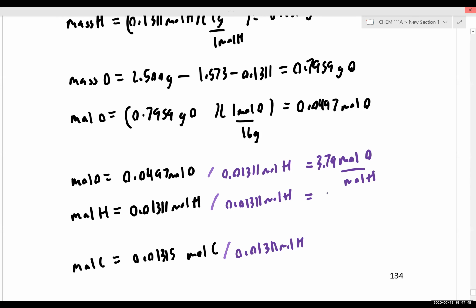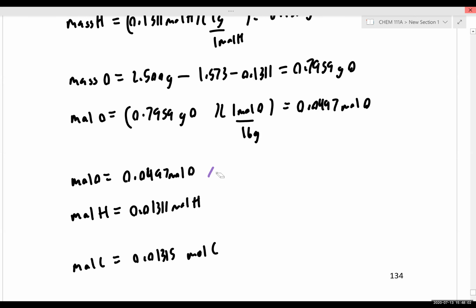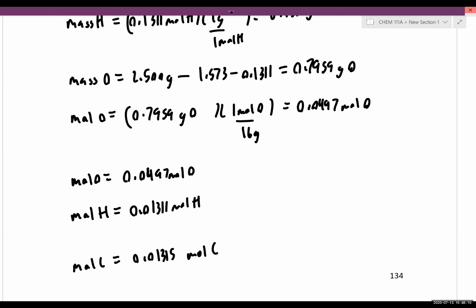Okay, so looking at our mole to mole ratios, in this problem it's a little more tricky to get a clean mole to mole ratio.